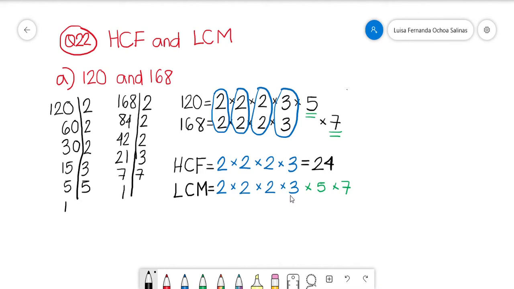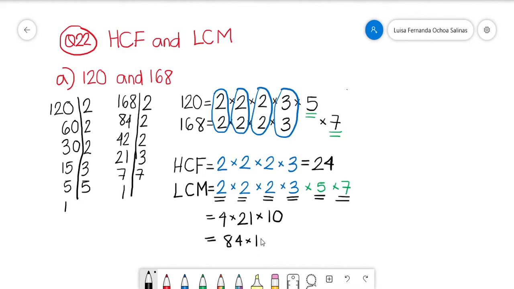I see that I have a 3 and a 7, which I know is going to be 21. And I have here a 4. So I can write this as 4 times 21. And these 2 with this 5 is going to be equal to 10. Very quickly, 4 times 21 is equal to 84.